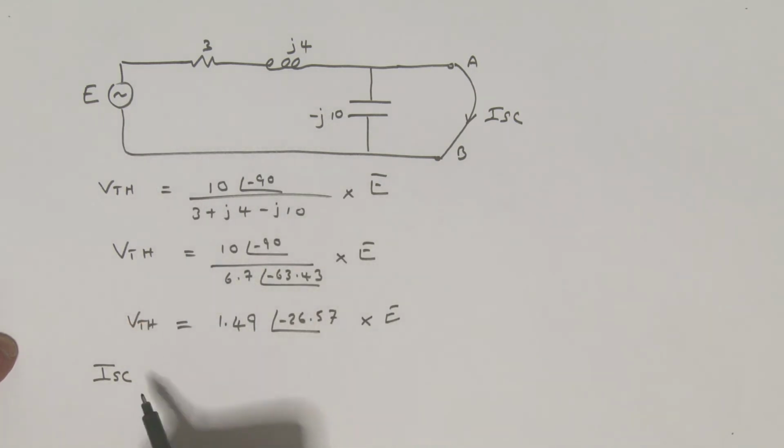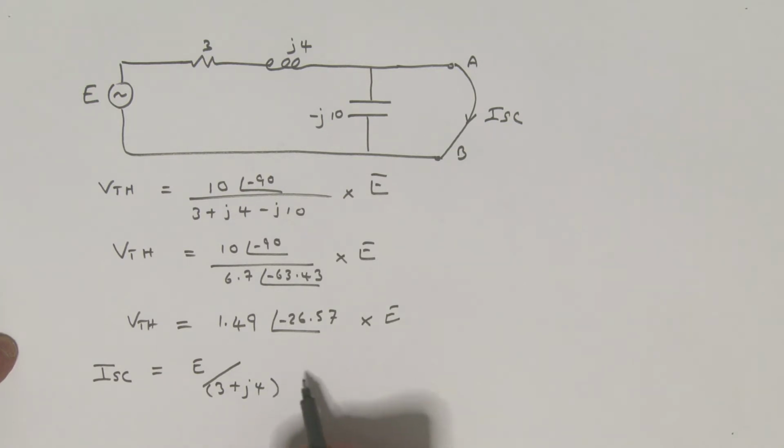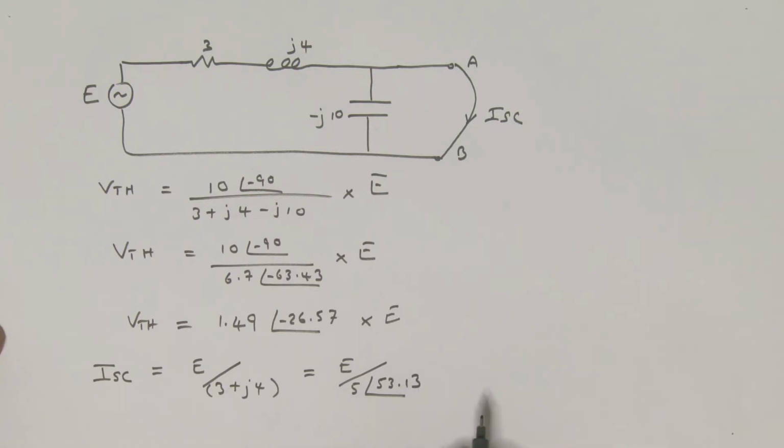It's really just going to be equal to E divided by the 3 plus j4. In polar form, this is simply E divided by 5 at an angle of 53.13 degrees.